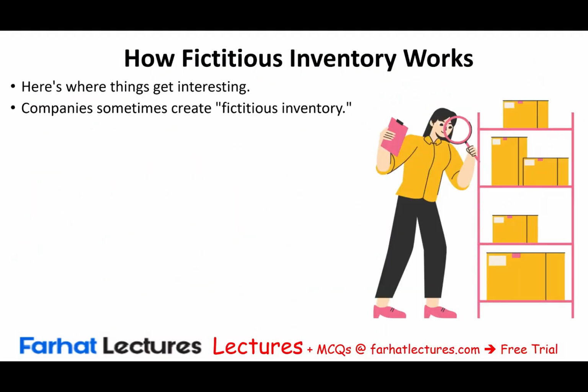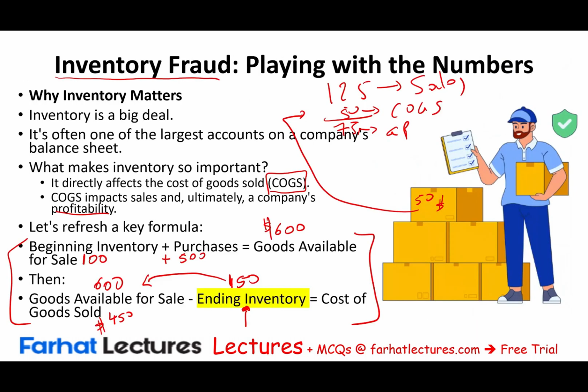Remember, we talked about ending inventory, and this is where it gets interesting. When we count ending inventory and we said it's 150, what if we exaggerate ending inventory and bring it to 200? What would happen? Let's go back and see what would happen if we claim we have $200 in ending inventory and we have goods available for sale of 600.